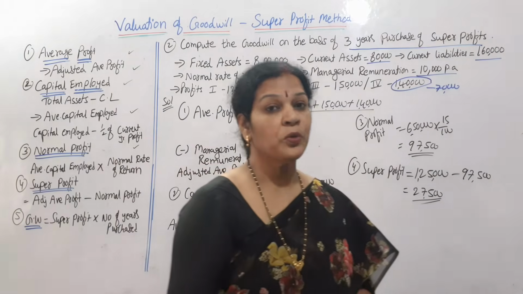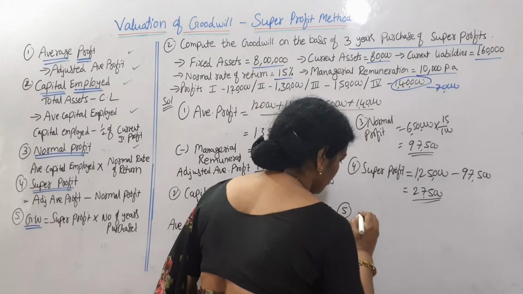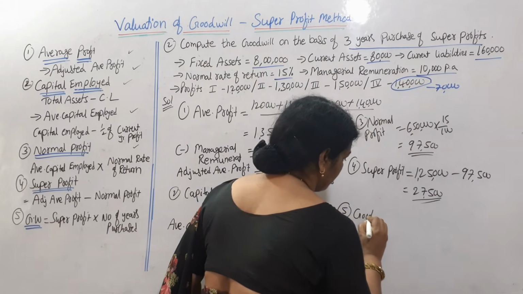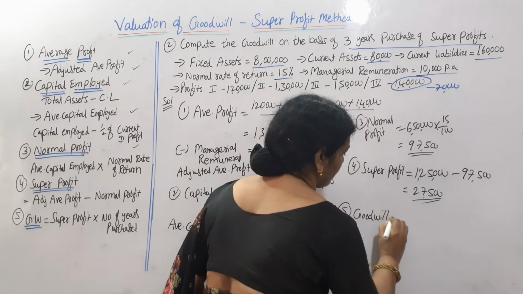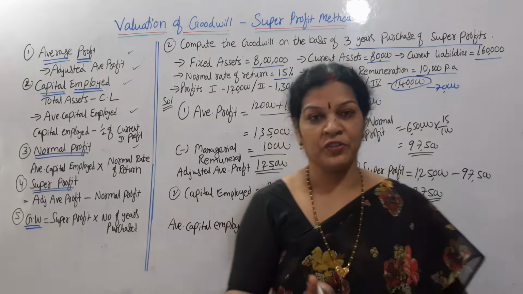Now what we need? Goodwill. Last step, calculation of goodwill. Goodwill is equal to super profit into number of years purchased.